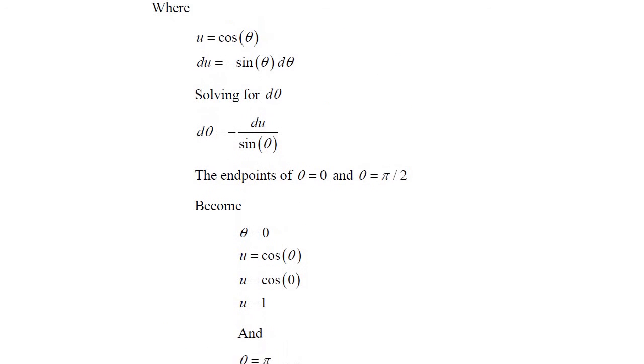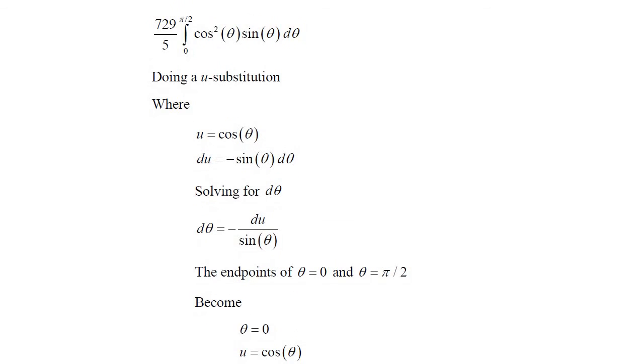So when I do this u substitution, the 0 gets converted into a 1, and the pi over 2 gets converted into a 0. The cosine squared becomes u squared. And the d theta becomes a negative, so I pick up a negative sign.